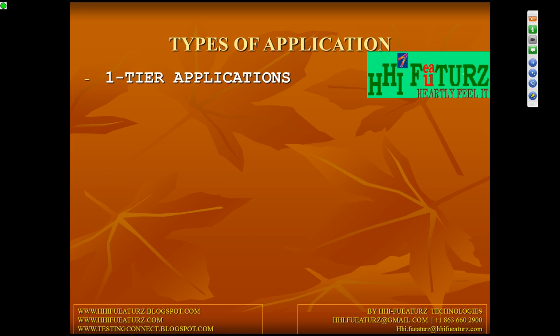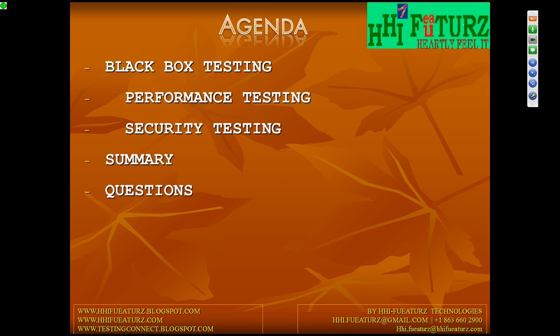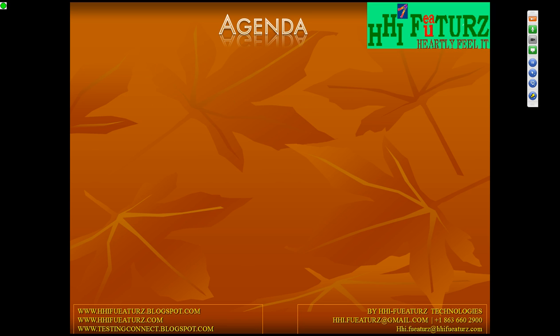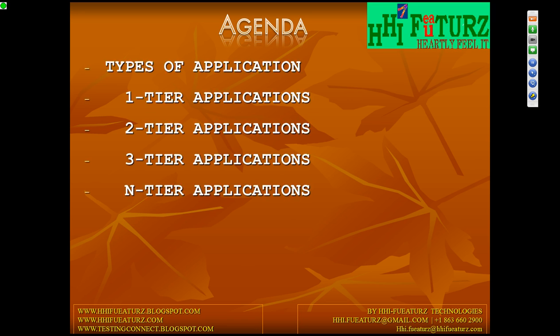Okay, so types of applications: there are four types of applications you will come across. Those are one tier applications, two tier, three tier, and n tier. Here tier is nothing but layer.